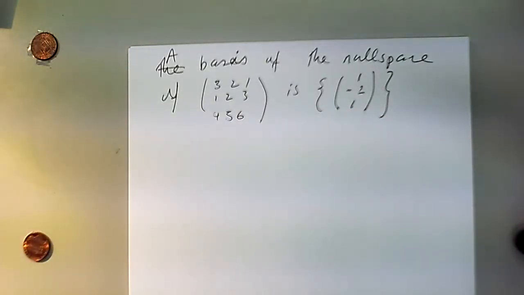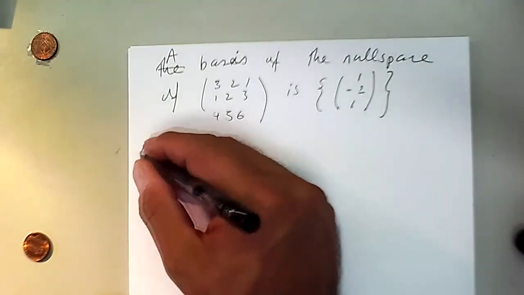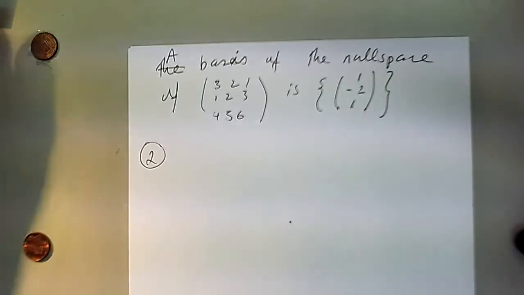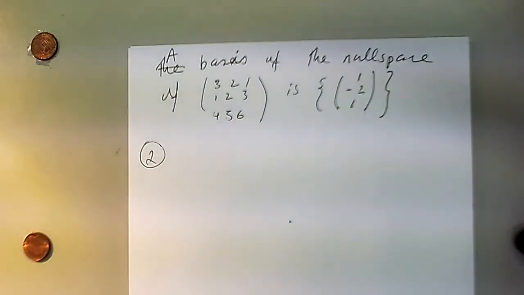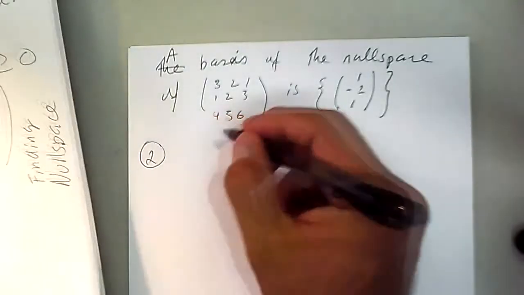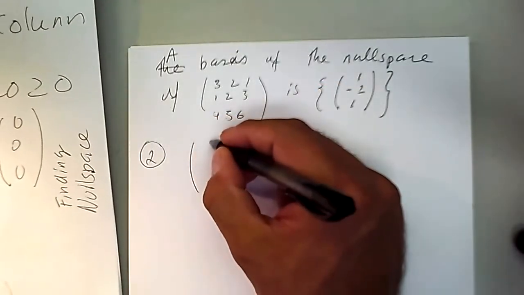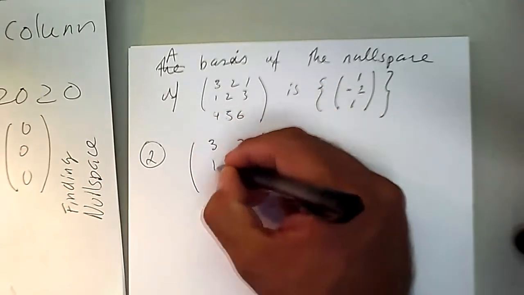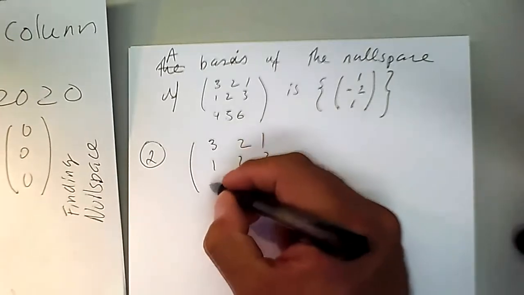Okay, now let's focus on the column space generated by those columns. All right, so let's write down 3, 2, 1, 1, 2, 3, 4, 5, 6.